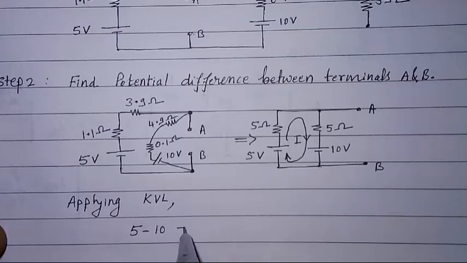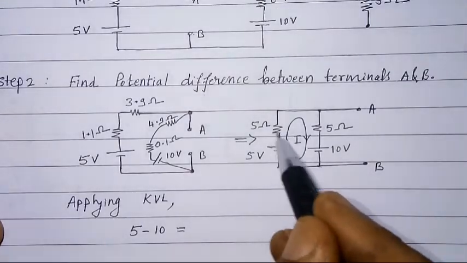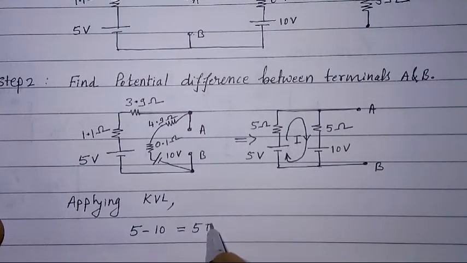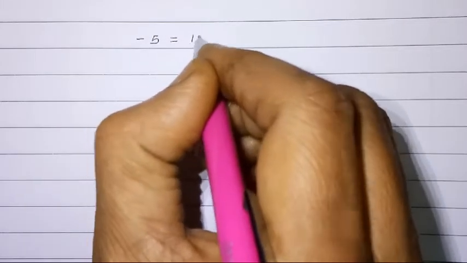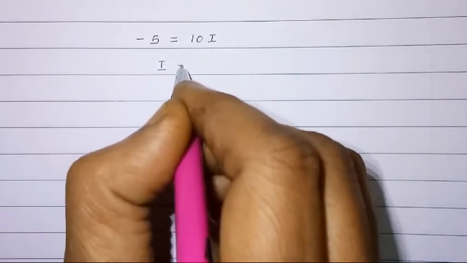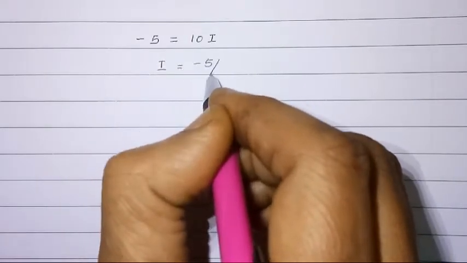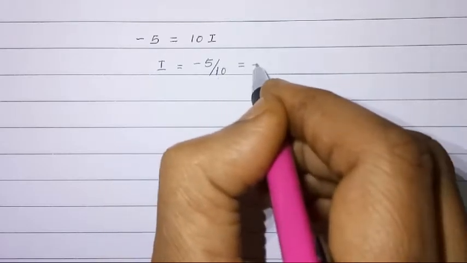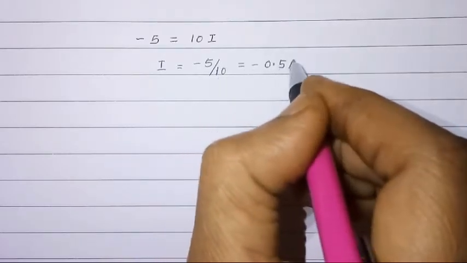So minus 10, that is equal to 5 into I plus 5 into I. Simplifying, we get minus 5 equal to 10I, or I equal to minus 5 by 10, that is minus 0.5 ampere.